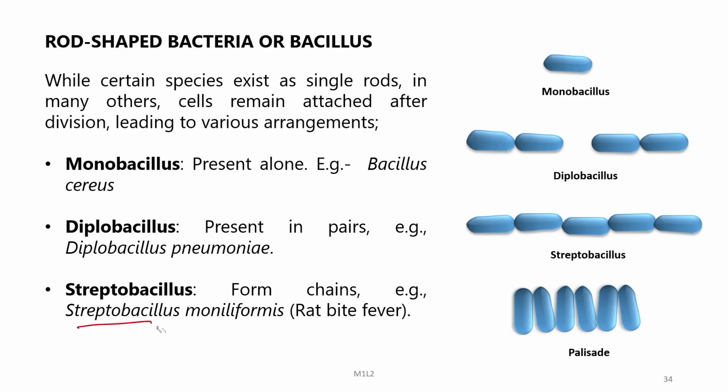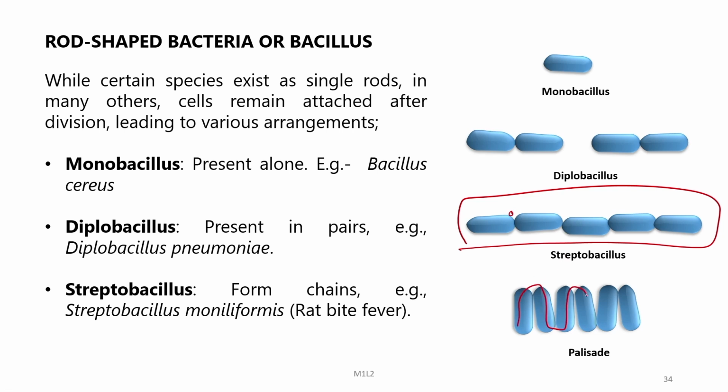Now, palisade is also a similar type of arrangement to the chain arrangement, but here at one side a hinge is formed alternately. So, due to the alternate hinge formation, they form chains which are folded in space.